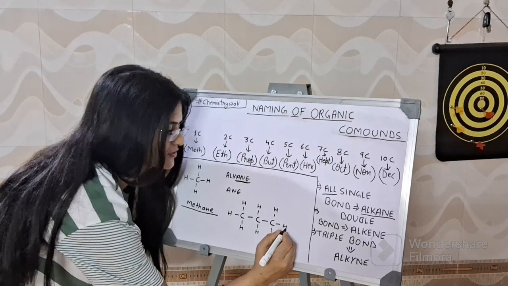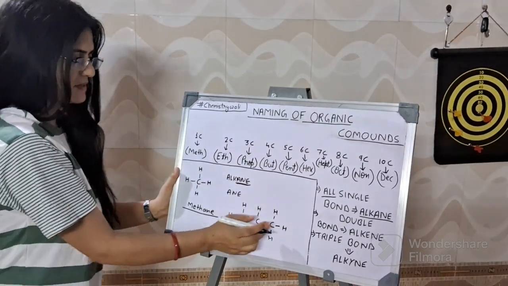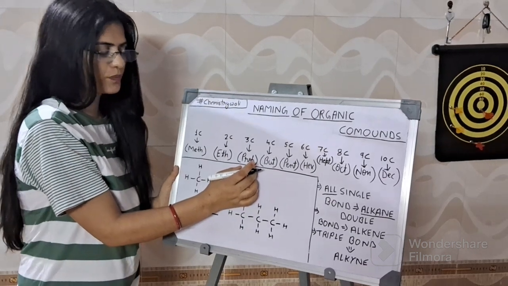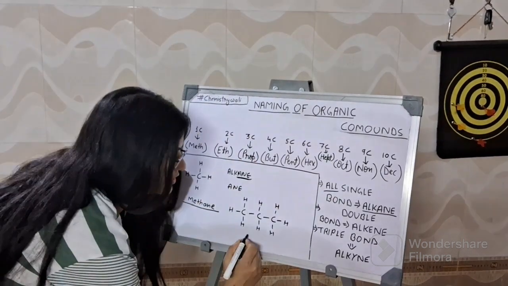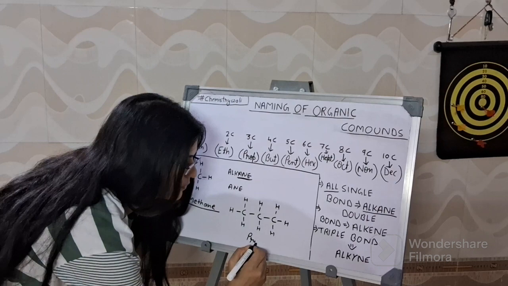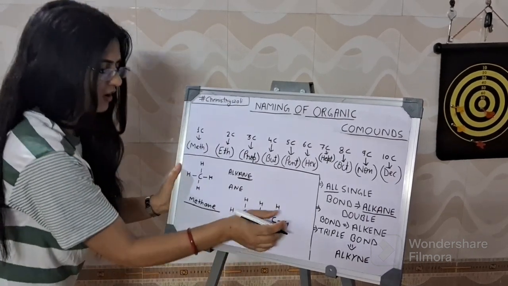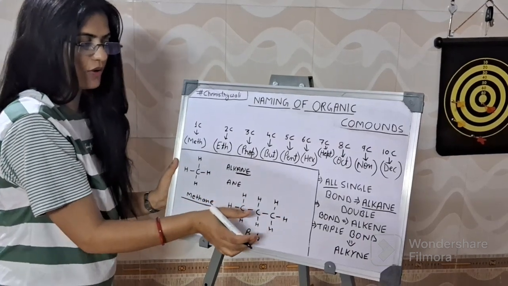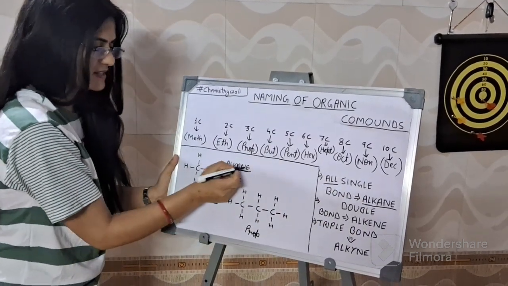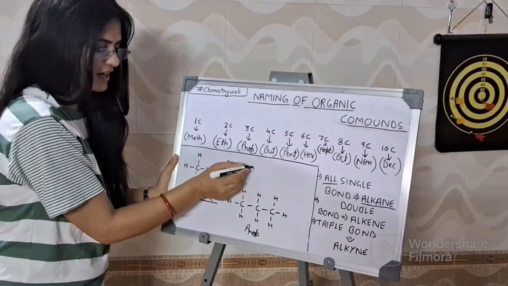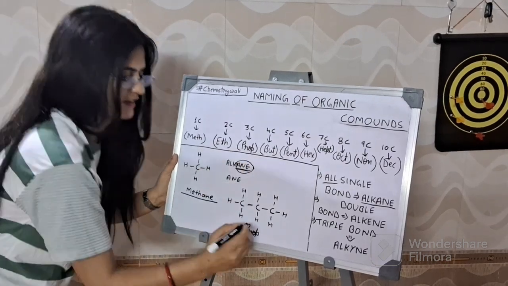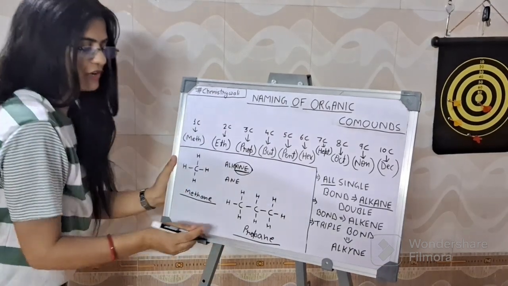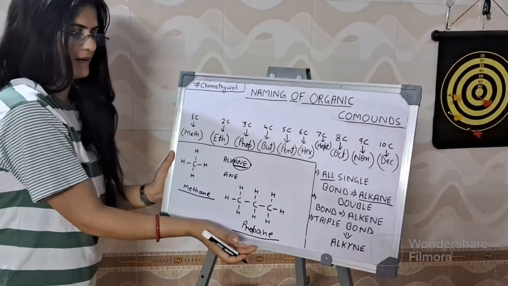Hydrogen, hydrogen. 3 carbons are there, so for 3 carbons we will use prop. All bonds in this compound, you will see all are single bonds. When all are single bonds, this is an alkane. For alkane, we are using ane, propane. So the name of the compound will be propane.